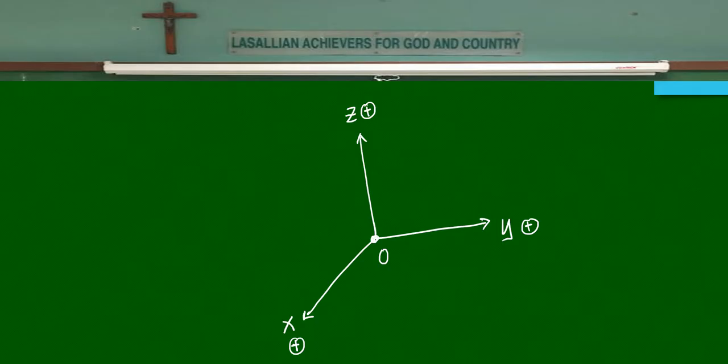So here, where both x and y axis are present, this is what you call the xy plane. This is when z is equal to 0. And the yz plane is the wall.